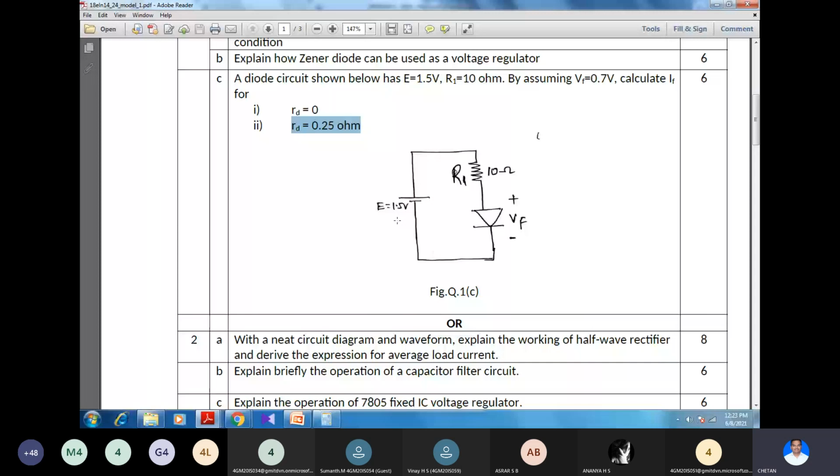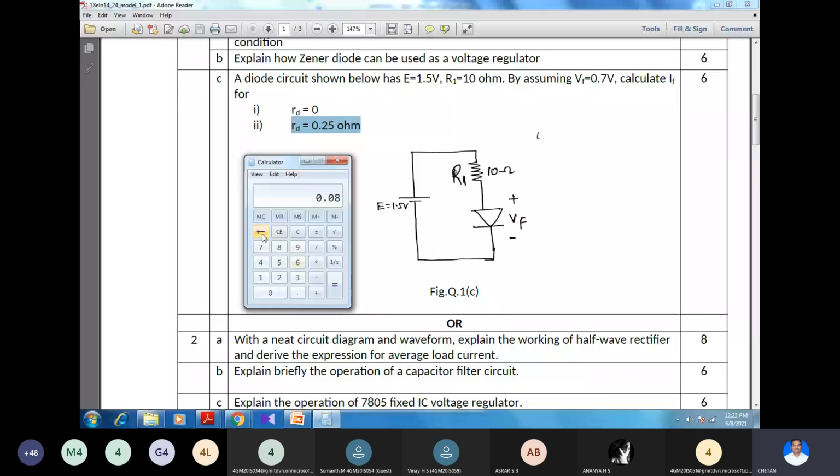Therefore, using the calculator, here what you have is 0.8, which is the effective of both voltage sources, 1.5 minus 0.7, divided by 10 plus 0.25, that is 10.25.